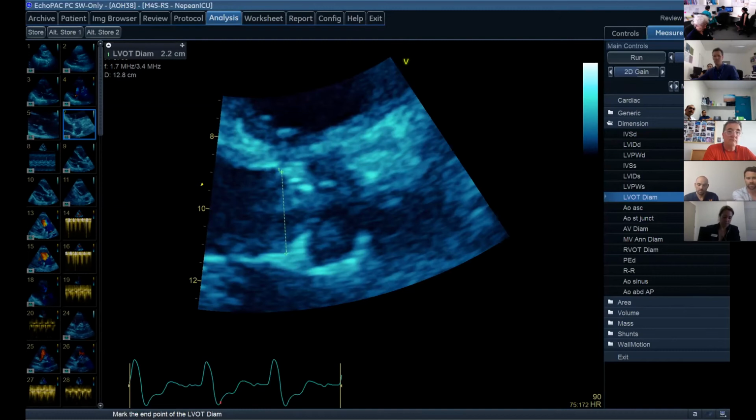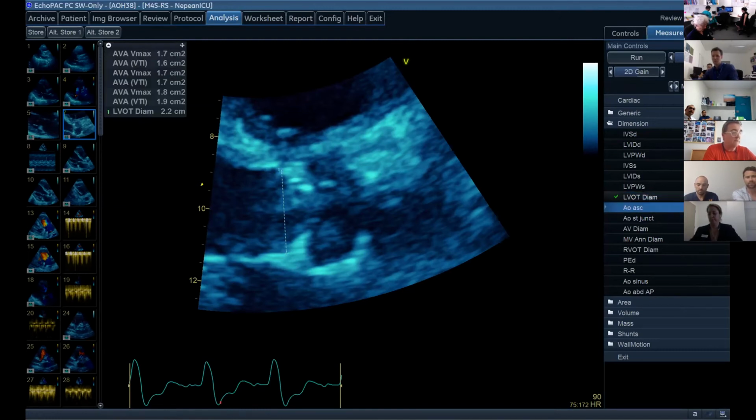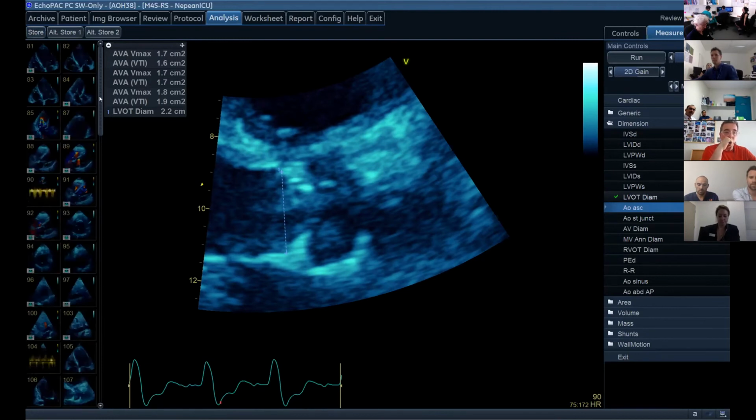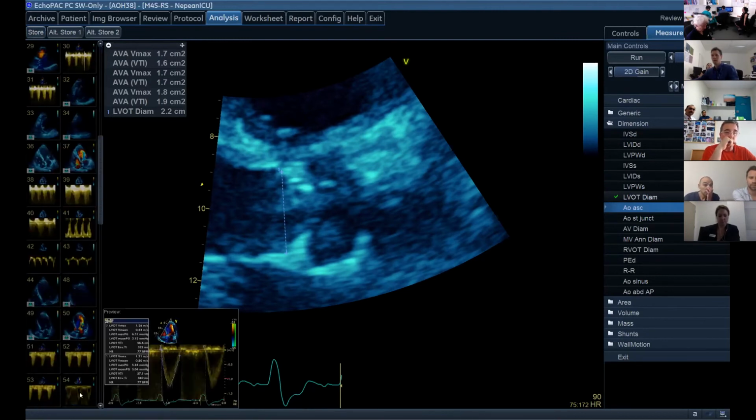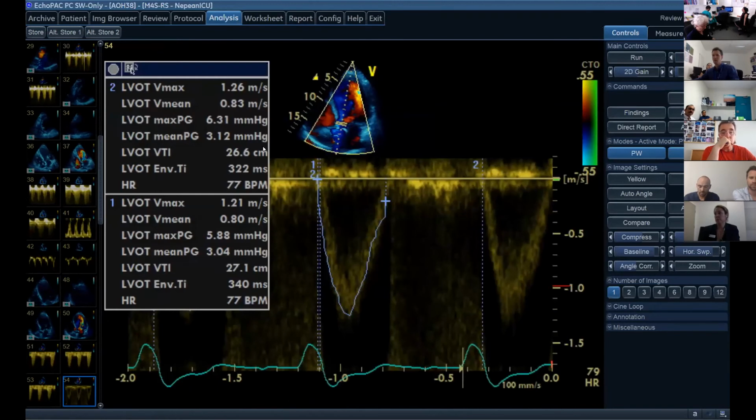So we've got an LVOT diameter of 2.2. Next thing, I got an LVOT VTI of 26.6.